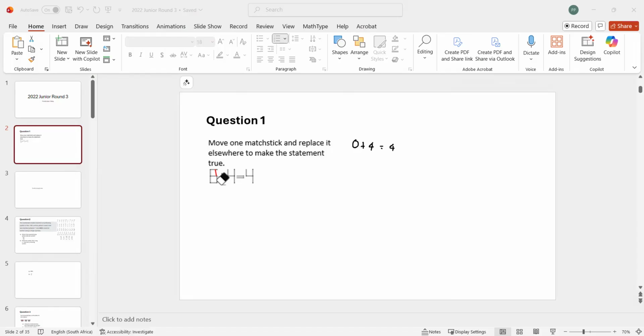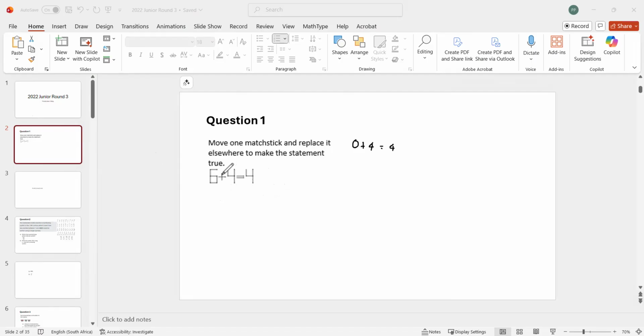Let's try to see whether we can do something else. Well, you can make this into an 8. Yeah, 8 minus 4 equals 4. So you can transfer this to minus.